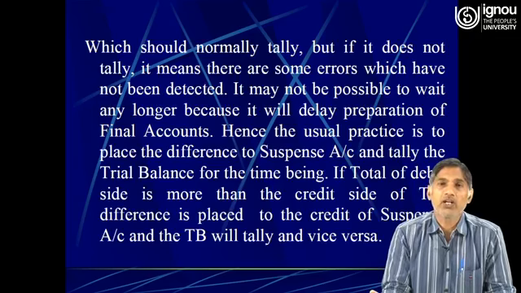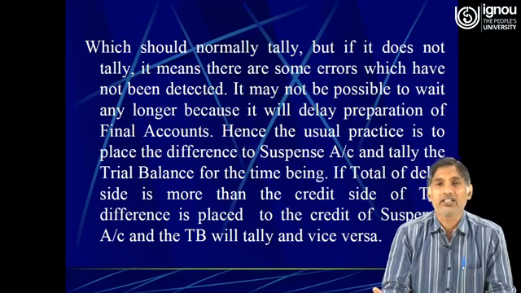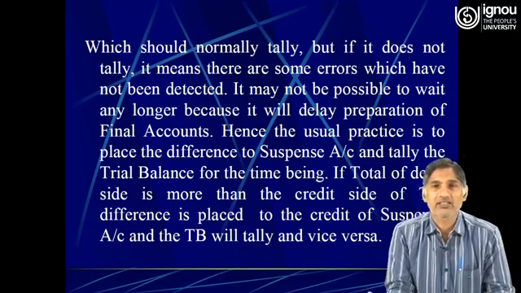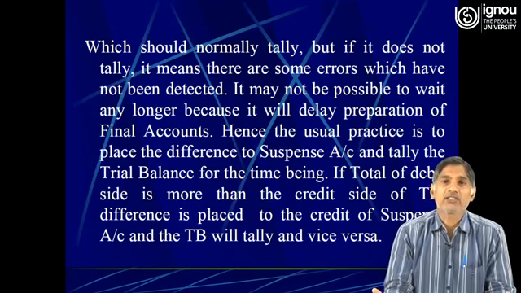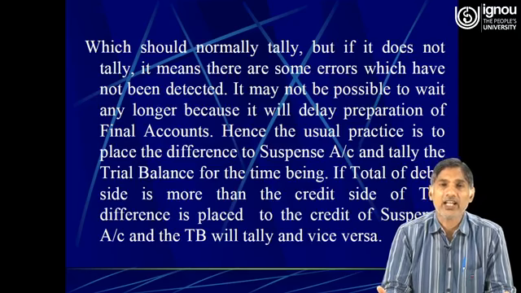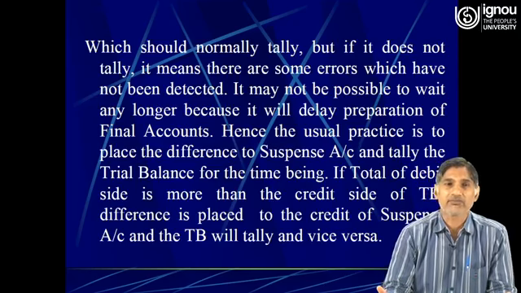So if the total of debit side is more than the credit side of the trial balance, the difference is placed to the credit side of suspense account and the trial balance will tally, and vice versa.